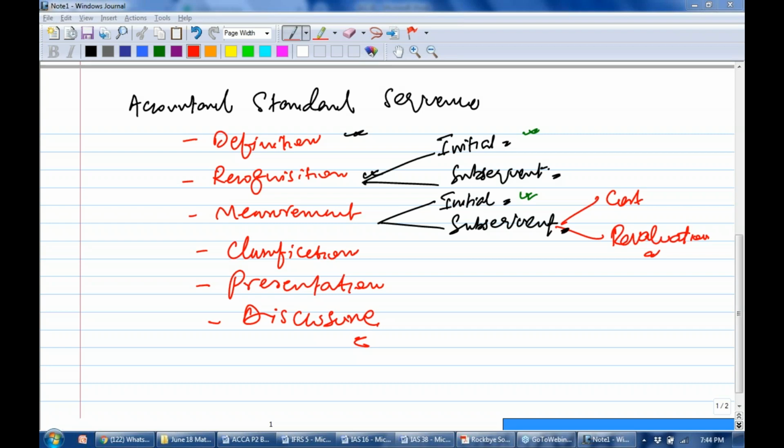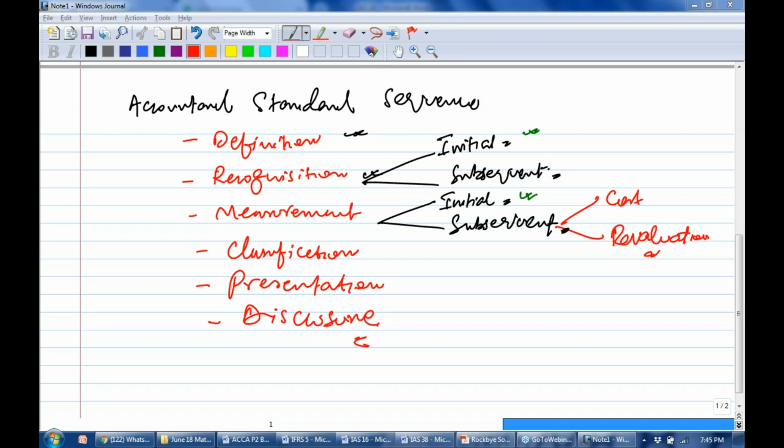So the IAS 36 impairment criteria has no connection with IAS 16, either cost or revaluation. Yes, if a revalued asset becomes impaired, first we have to adjust the impairment loss against the revaluation surplus, as we have already discussed in the IAS 36 lecture.